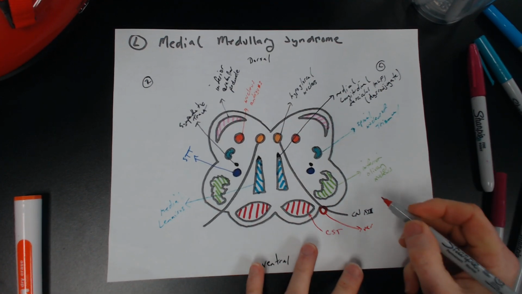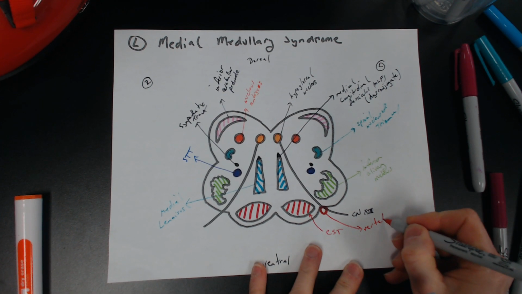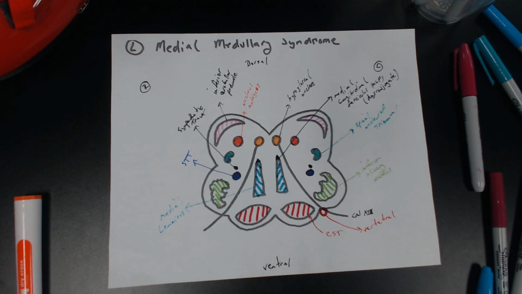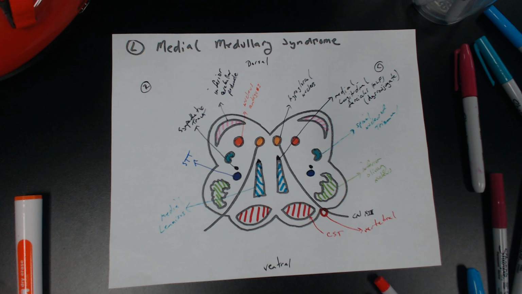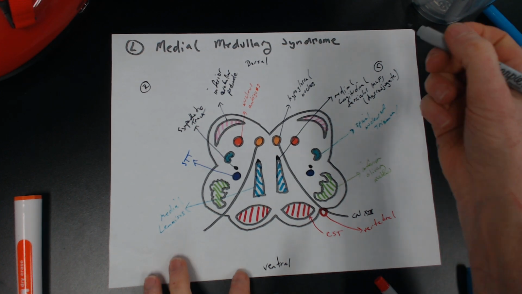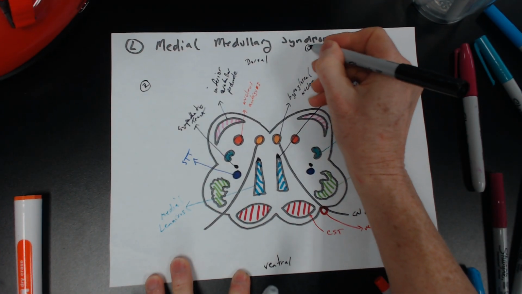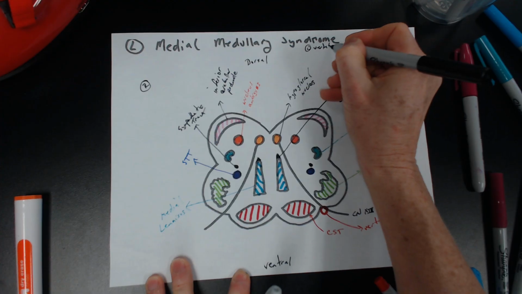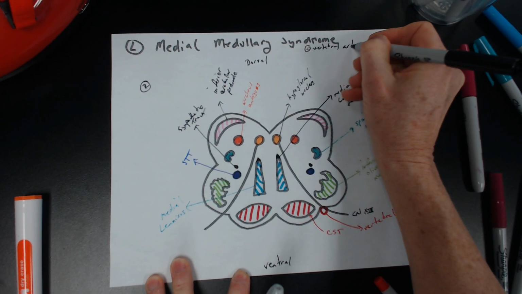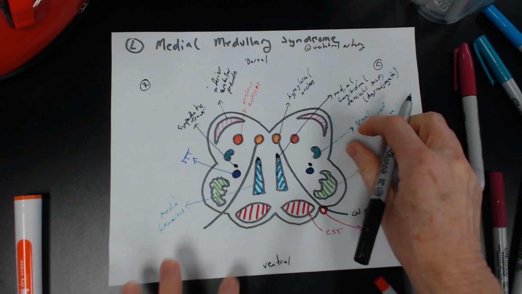So left medial medullary syndrome is going to be a problem with the vertebral artery. And we're going to say it's the left vertebral artery that specifically has a problem here.